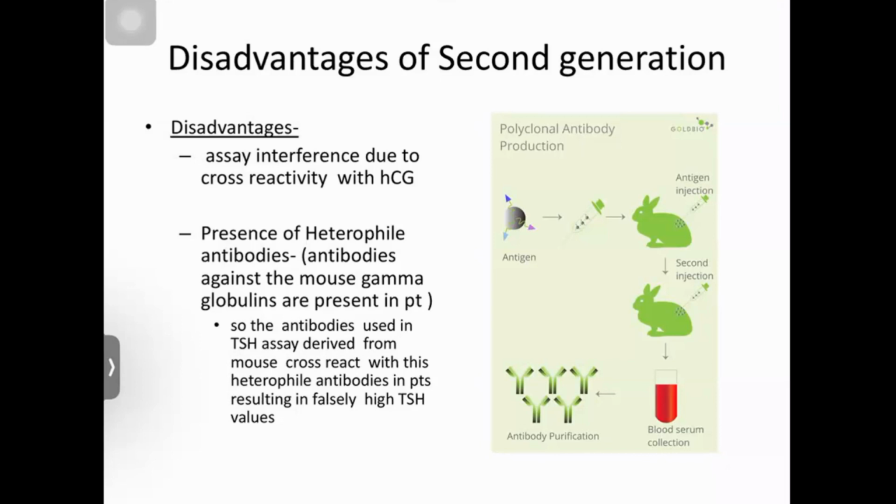The antibodies used in the TSH assay are derived from the mouse. They cross-react with the heterophil antibodies in the patient, that is antibodies against these mice gamma globulins, and they again result in very high TSH values. So this is the disadvantage of second generation by using polyclonal antibodies which are non-specific for TSH.